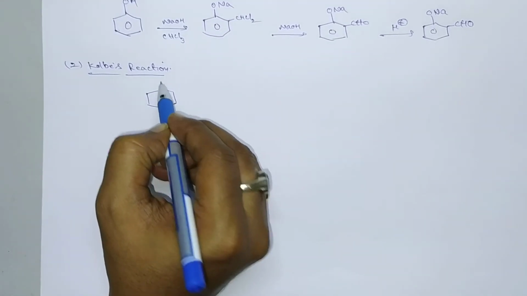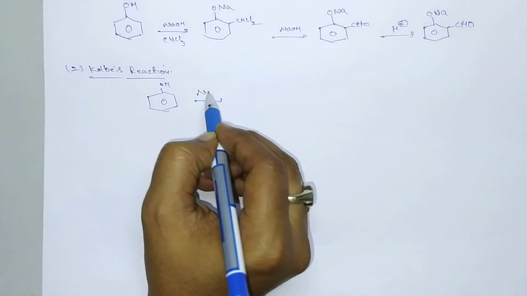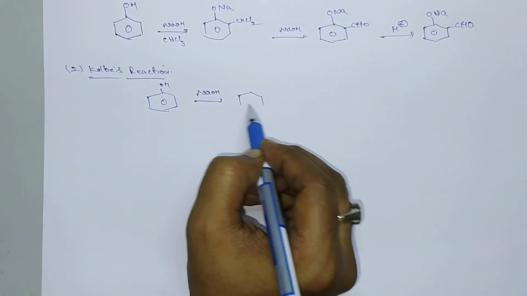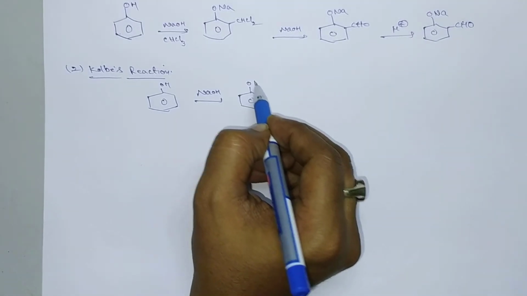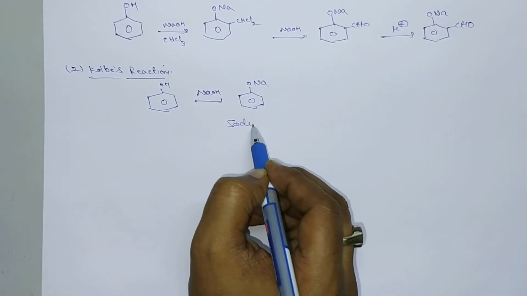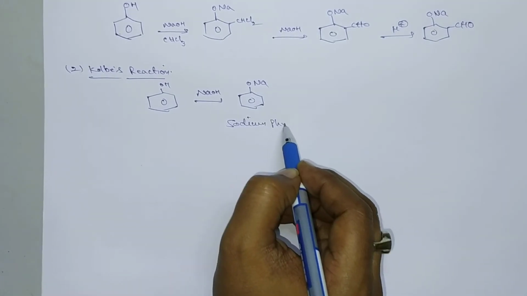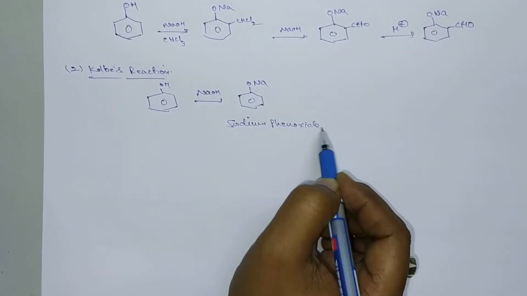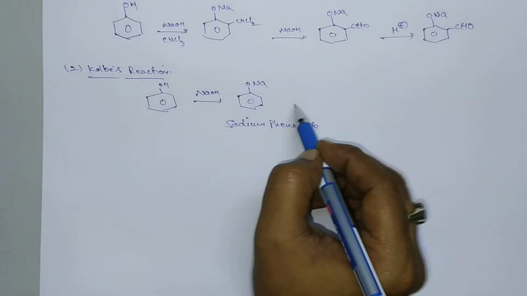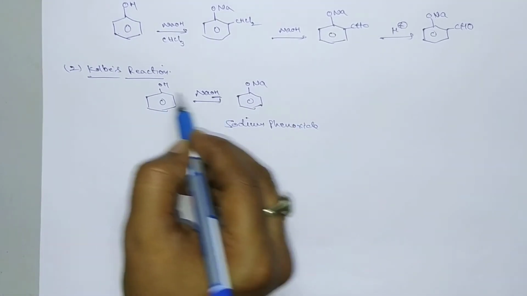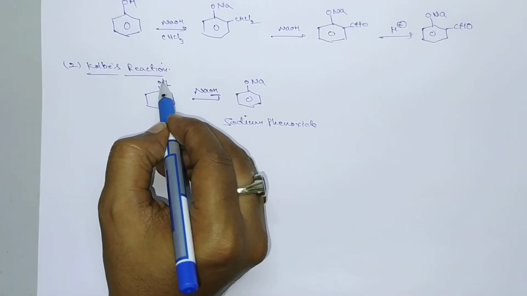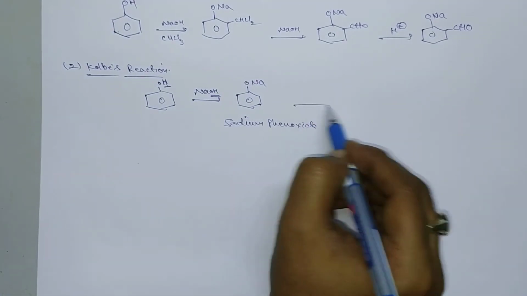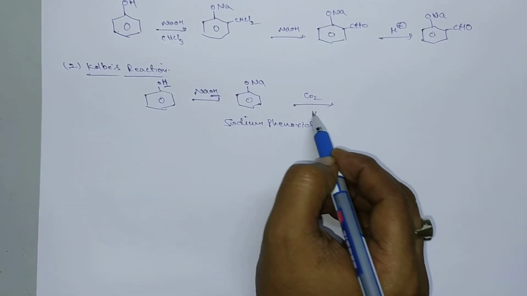Here also phenol reacts with NaOH to produce sodium phenoxide. This is called sodium phenoxide. Phenol reacts with NaOH to produce sodium phenoxide with the loss of a water molecule, OH from here and H plus from phenol. Again this reacts with carbon dioxide in acidic medium.